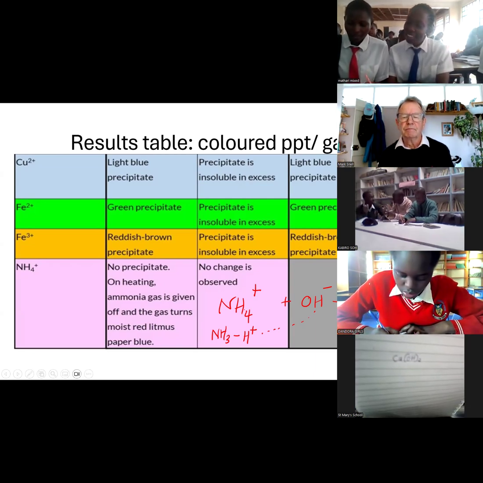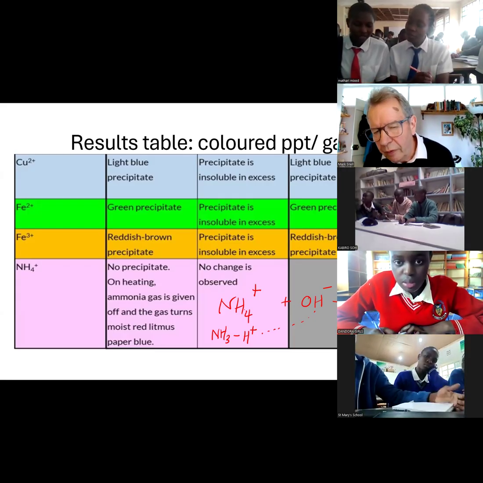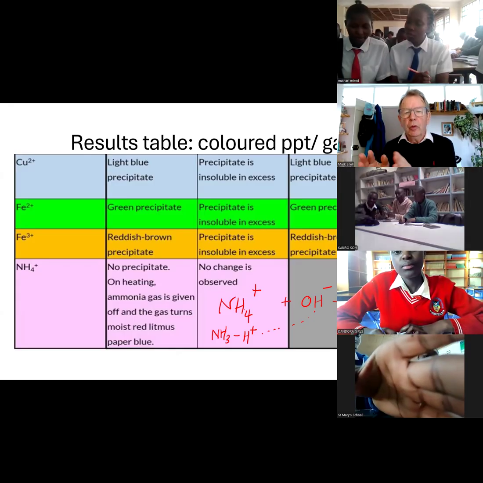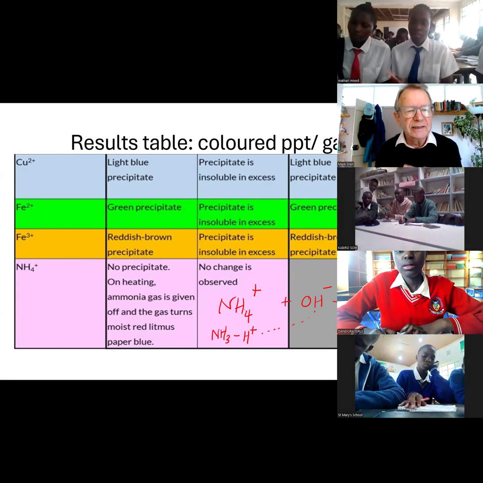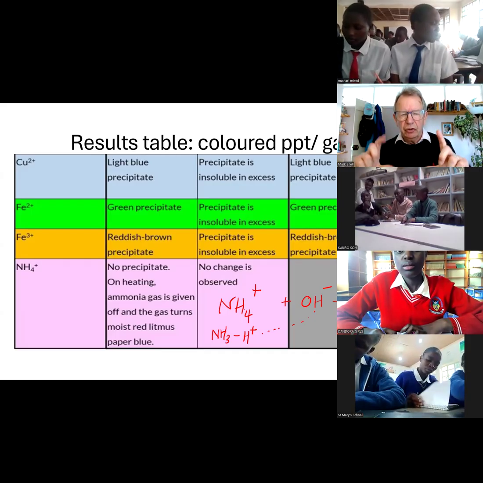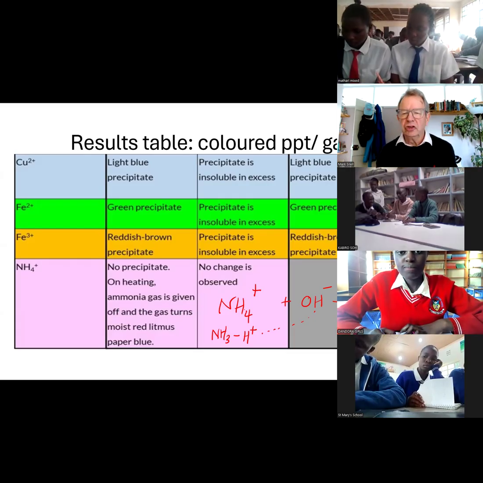No, it's not. I'm talking about after with the excess. So we form a light blue precipitate, which is Cu(OH)2. And then when we add excess, it goes to a dark blue solution.